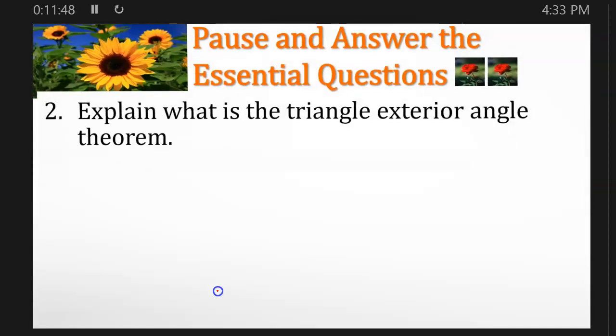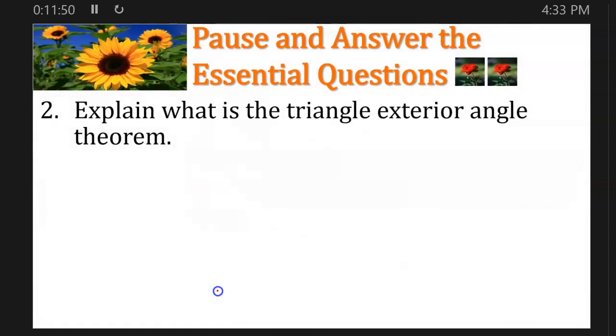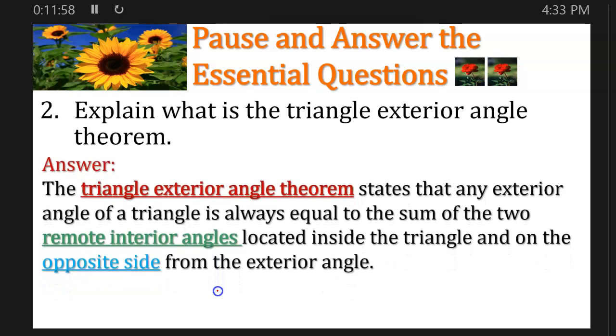The second essential question is: explain what is the Triangle Exterior Angle Theorem. Pause. The answer: the Triangle Exterior Angle Theorem states that any exterior angle of a triangle is always equal to the sum of the two remote interior angles. Now, if you stopped right there and just said the sum of the two remote interior angles is equal to the exterior angle, that's a great explanation.